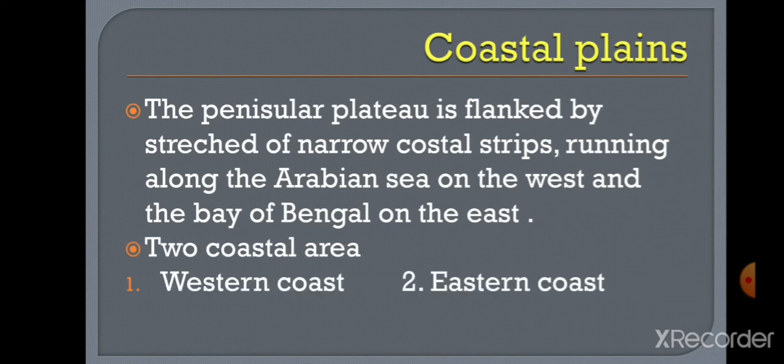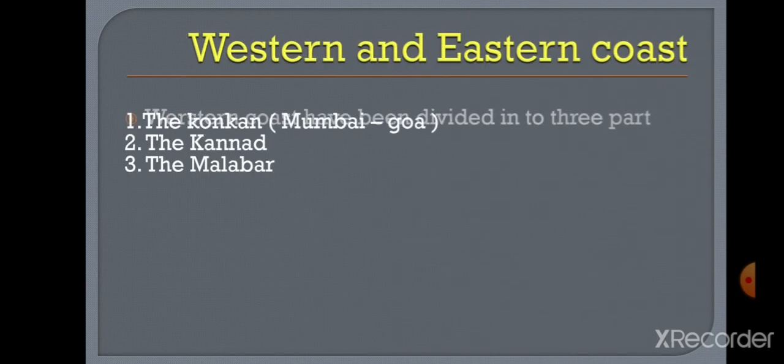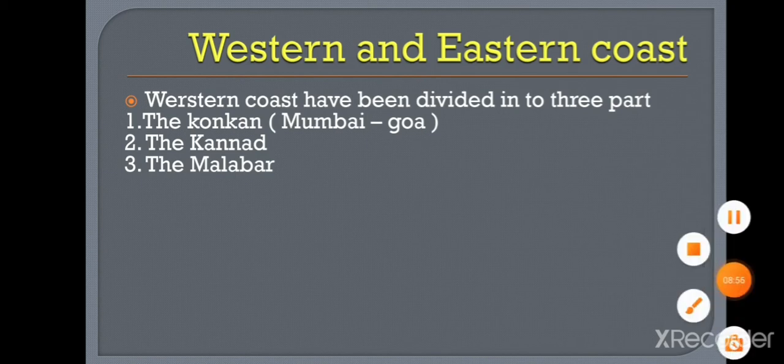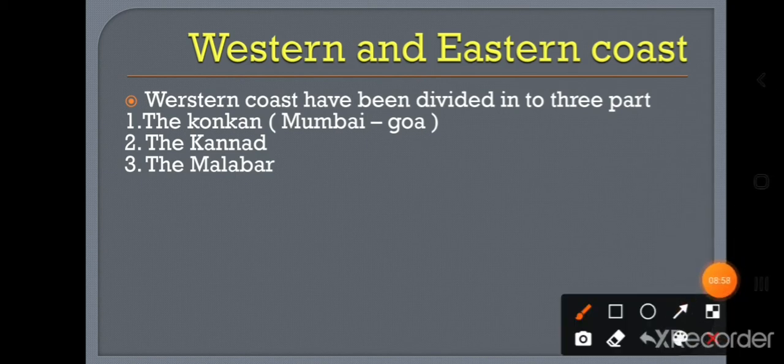Okay. Now, second point, we have two coastal areas, that is the western coast and the eastern coast. The eastern coast covers the Bay of Bengal region, and the western coast covers the Arabian Sea region. Now, we will divide these two coasts into some parts. If we talk about the western coast, it has been divided into three parts.